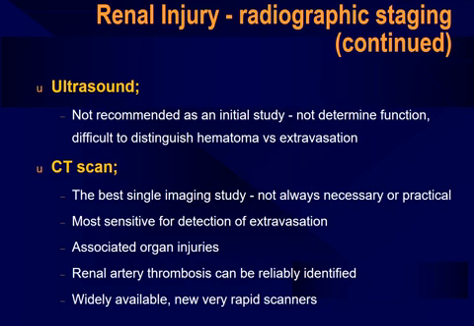It's also beneficial in detecting any associated organ injury. Renal artery thrombosis can be reliably identified when we use contrast during CT examination. We know that it's widely available in most of our large hospitals.